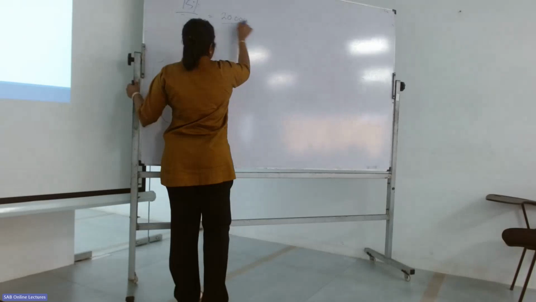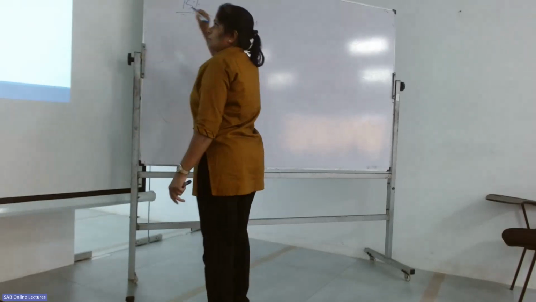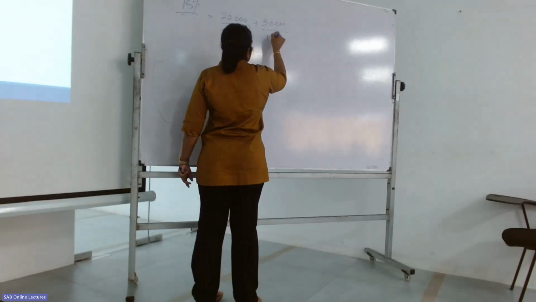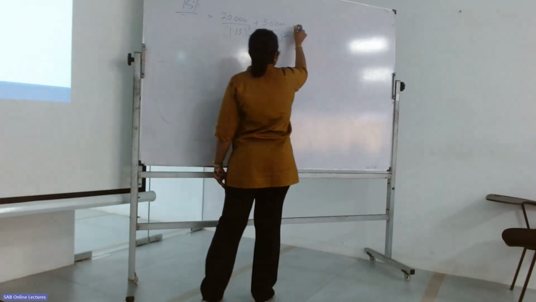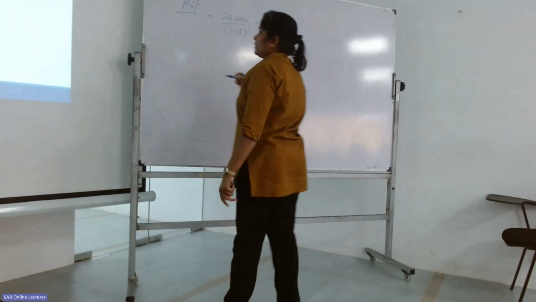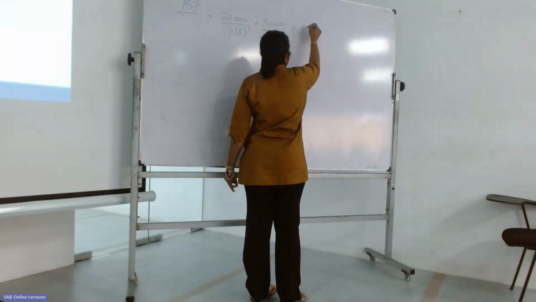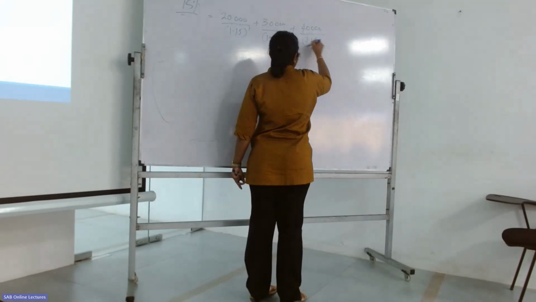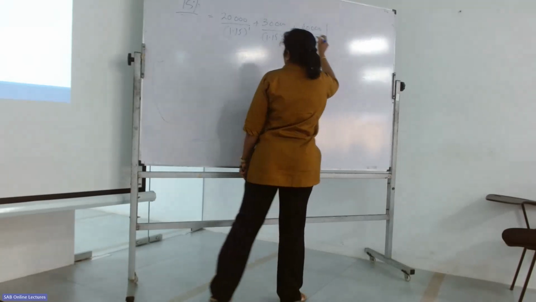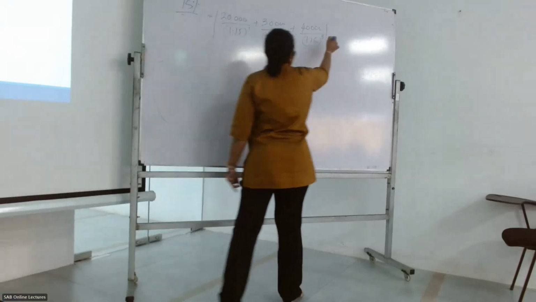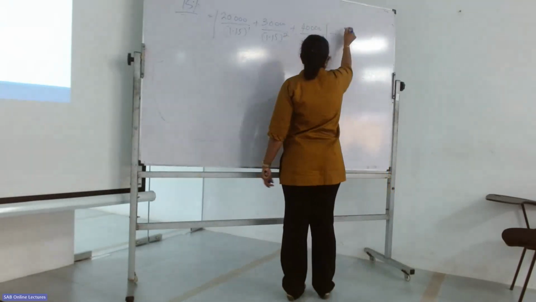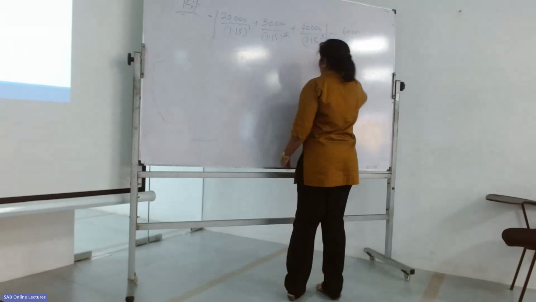So 20,000 you have to discount using 15% for year 1, 30,000 for year 2, and 40,000 back for year 3. These are the present values of the cash inflows minus the cost of 60,000. What is the NPV?